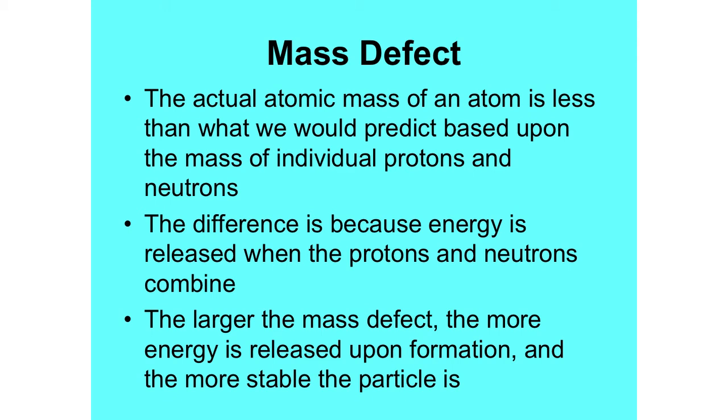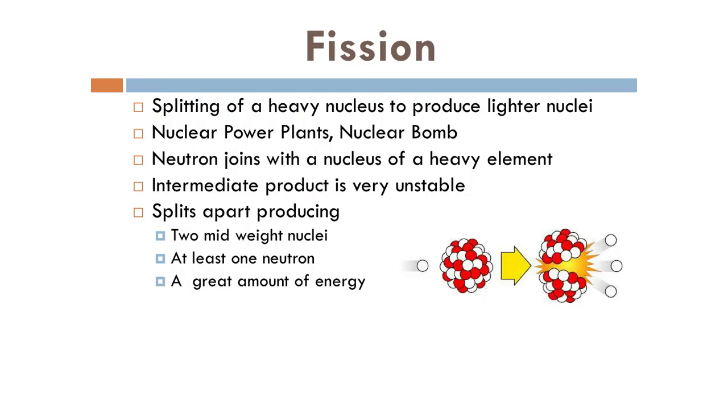Then you get the actual mass, which is a tiny bit less. So there's this tiny bit of mass that's lost when the protons and neutrons combine. That's called the mass defect, that difference between what you think it should be based upon individual protons and neutrons and what it actually is. The larger the mass defect, the more mass has been converted to energy. So the larger the mass defect, the larger the amount of energy that you're releasing.